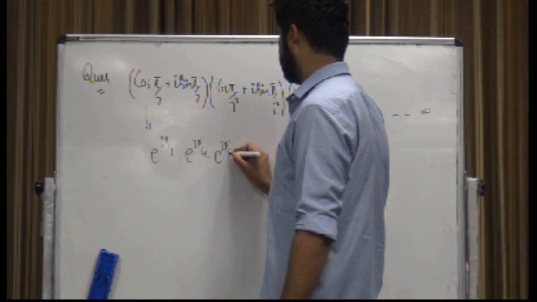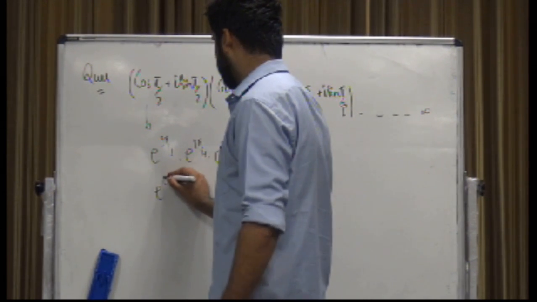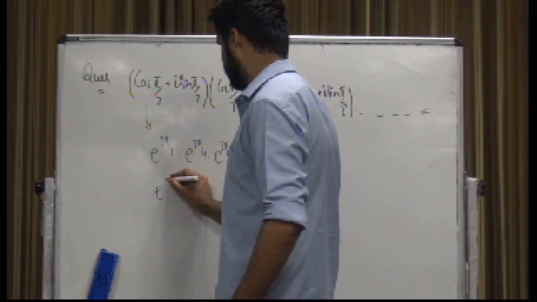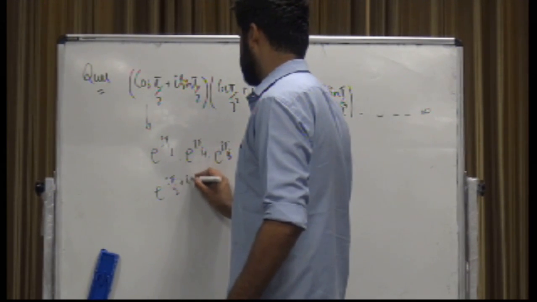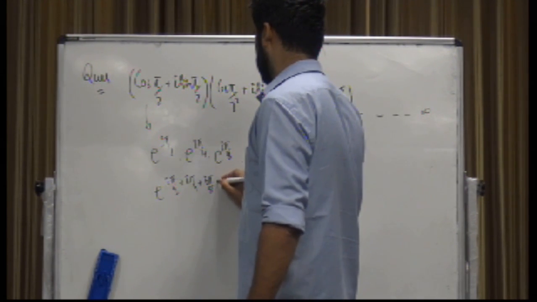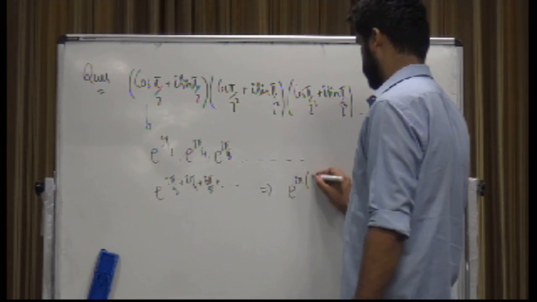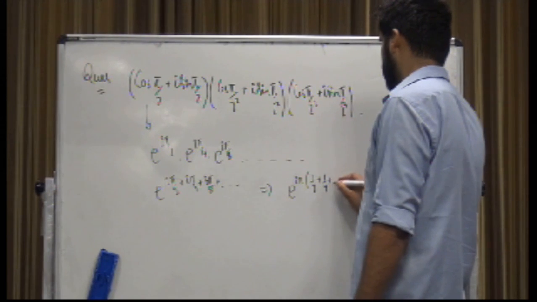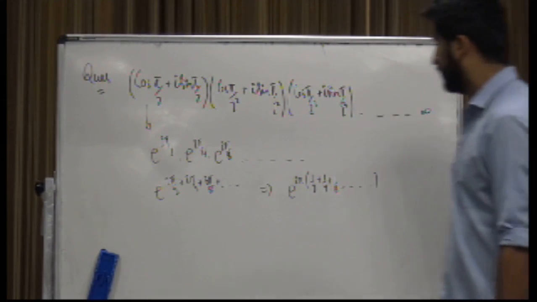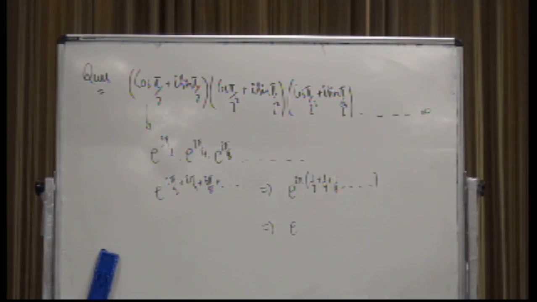So this is e to the power iota times (pi by 2 plus pi by 4 plus pi by 8 plus so on) up to infinity. So this is an infinite GP with the sum equal to, what is the value of the sum here?